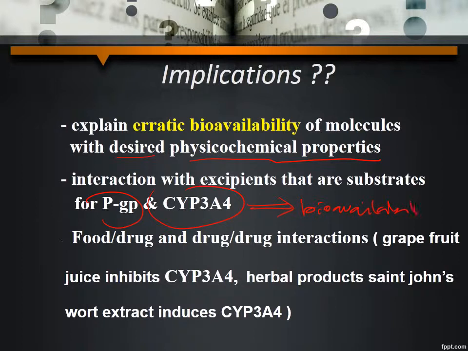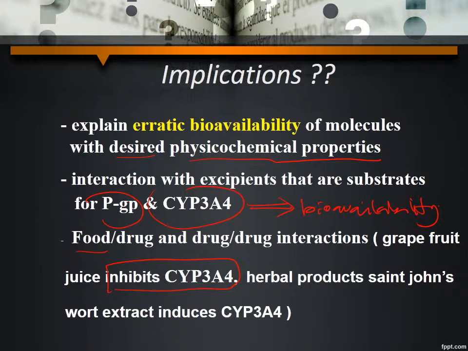the bioavailability of the drug. Besides that, there are foods that can inhibit CYP3A4. Let's say there is a drug that is a substrate for CYP3A4, and you need to take 100 mg to achieve the therapeutic level.